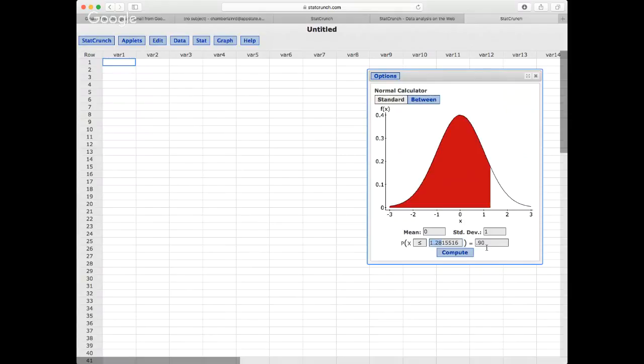So swapping places, the sigma and the z-score, I get 1210 minus 1100 over 1.28. That is my sigma. And that's how you do that one, guys.